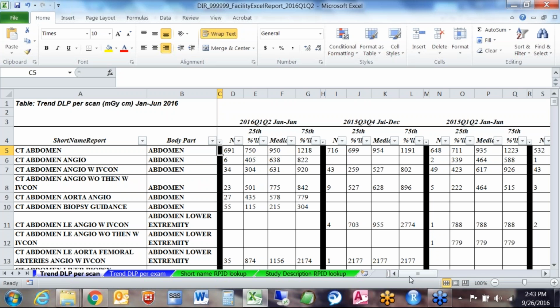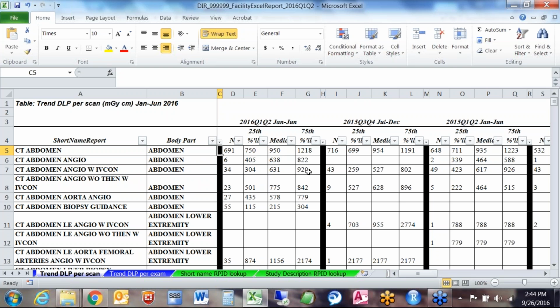So if you are doing a PQI project, it might be helpful for you to see whether the changes that you are making in your protocol are having any positive effect on the DIR dose indices.